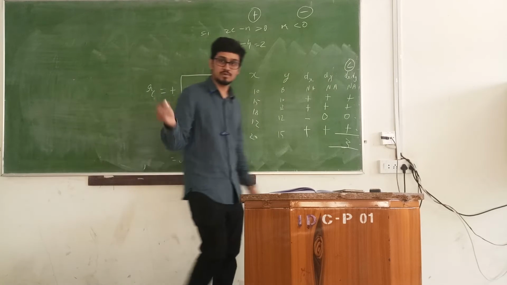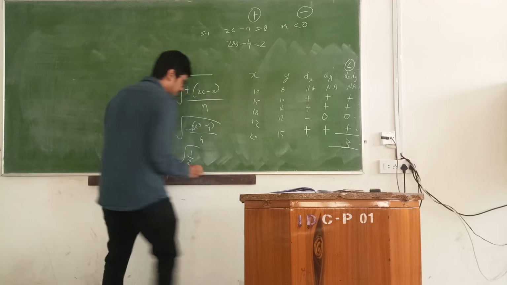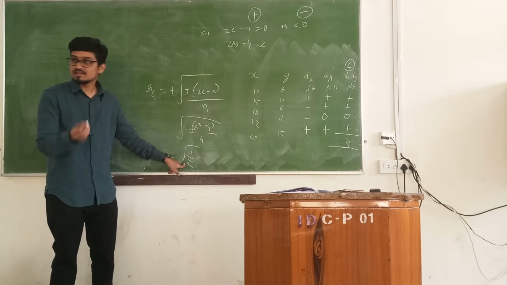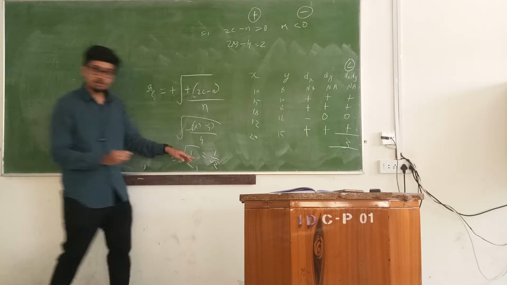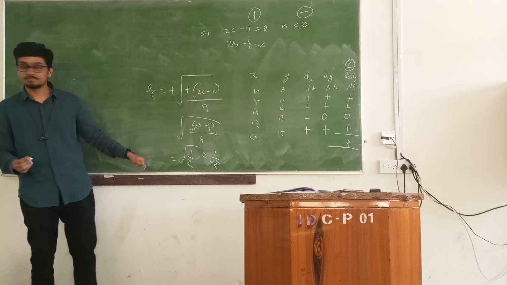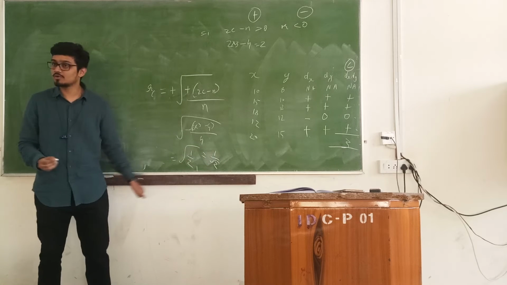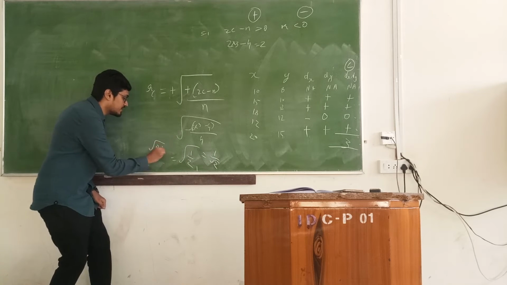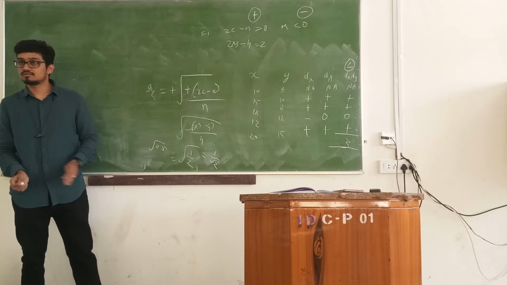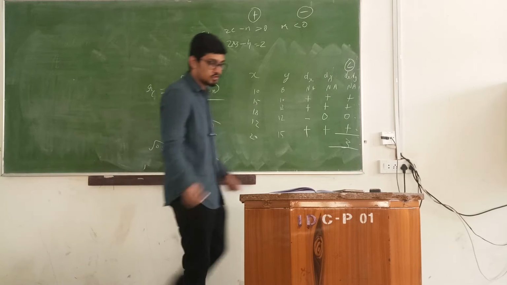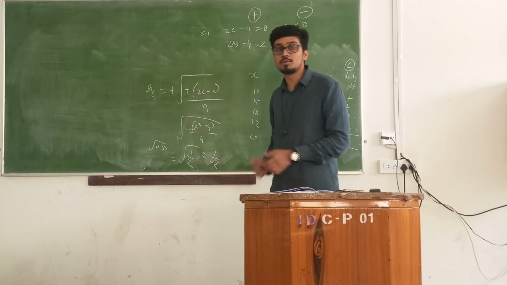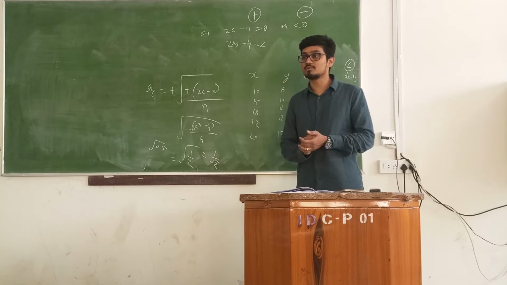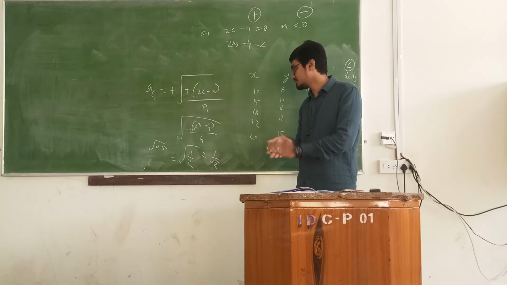This can also be written as 1 by root 2, or square root of 0.5, about 0.7. Don't get confused in the exam. Sir, root of 1 by 2 is root 1 by root 2, but in the option it was only 1 by root 2. Both are one and the same.